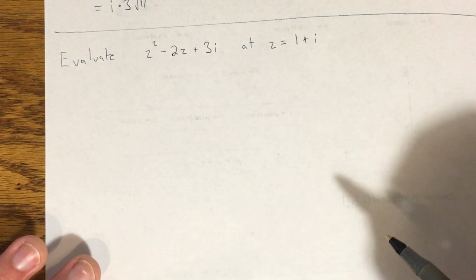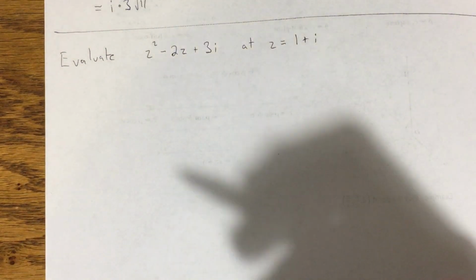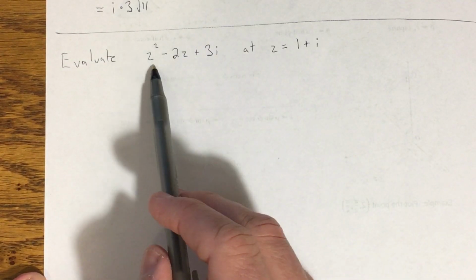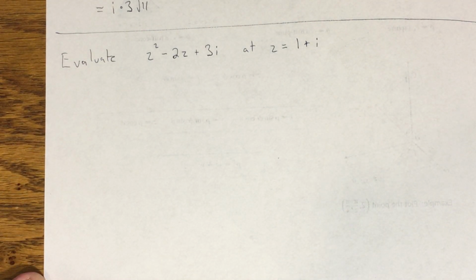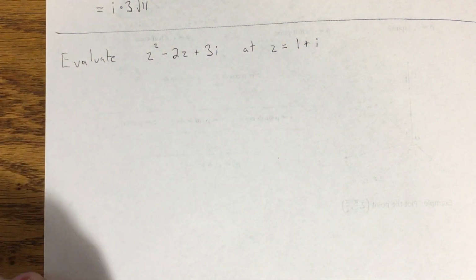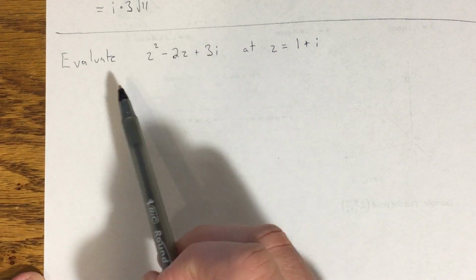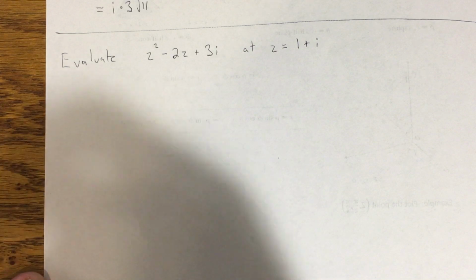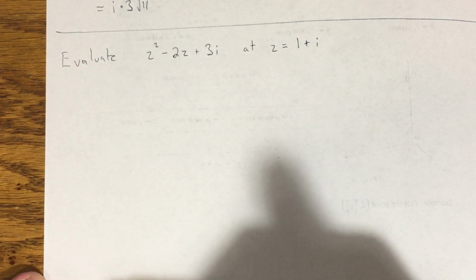Okay? So this is exactly what it sounds like. We're plugging a complex number into a polynomial. And then once we've done that, we use all of the rules that we've already come up with for arithmetic with complex numbers to simplify that down and end up with just a single complex number as a result.